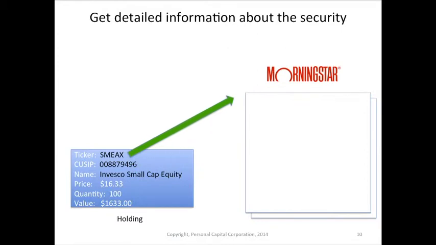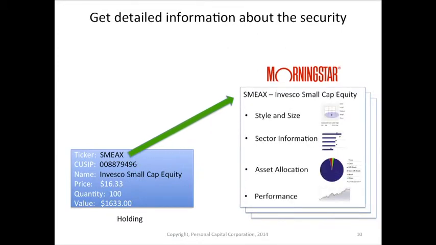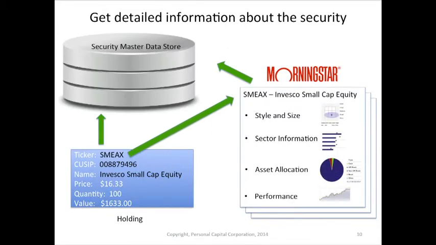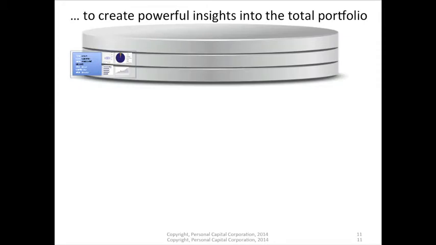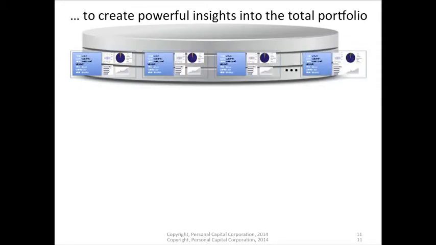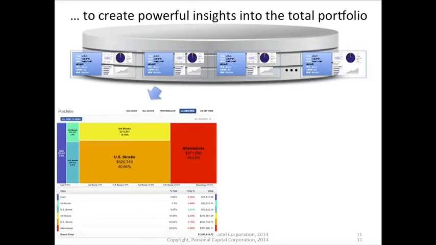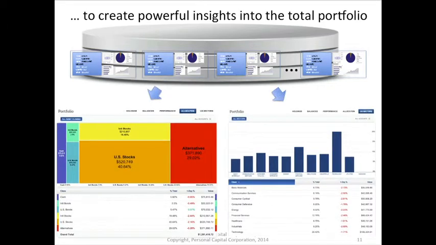Knowing the precise identity allows us to get much richer data about the fund, such as style and size, asset allocation, etc. We bundle all that with the holding information and store it in our security master. We then apply this approach across all holdings in the portfolio, which allows us to create powerful insights for the user, such as our asset allocation heat map and our full portfolio sector view.